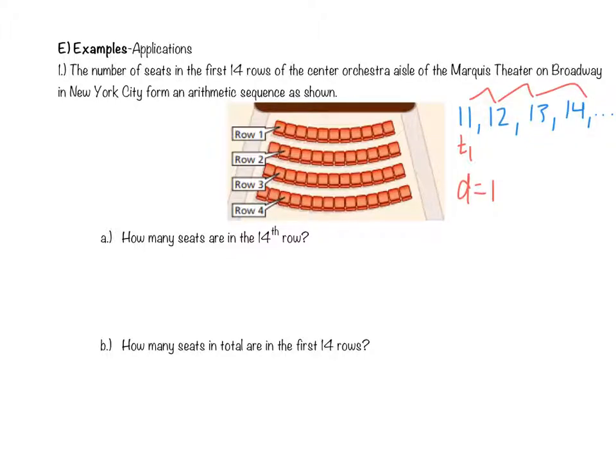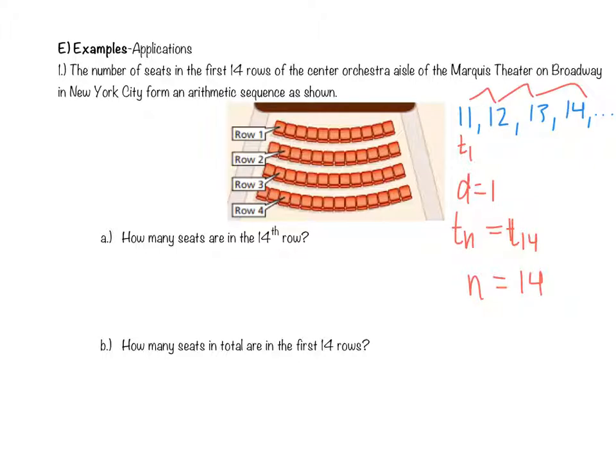It also tells us that t of n, or whatever the last term is, would be t of 14, whatever the term is for the 14th term. Because there are 14 rows, the last row will be t of 14, which means that the total number of terms will be 14. So a lot of things that it tells us.